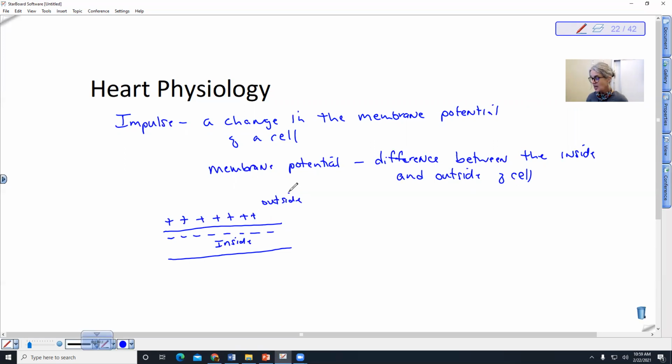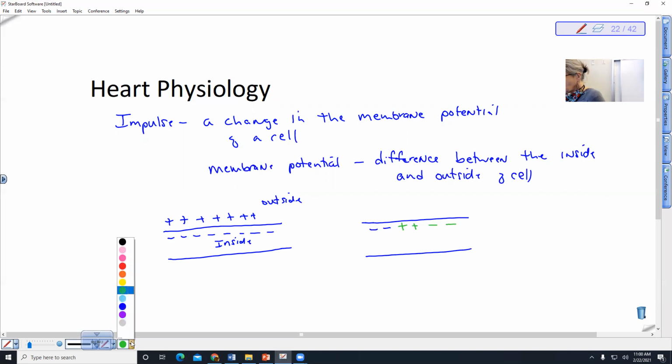Now, if there is a change in this, where the inside becomes more positive than the outside, or it moves towards positivity, then that is what is referred to as depolarization. So let's just show this: negative, negative, and then all of a sudden we have a positive, positive, negative, negative. And then on the other side, negative, negative, right?